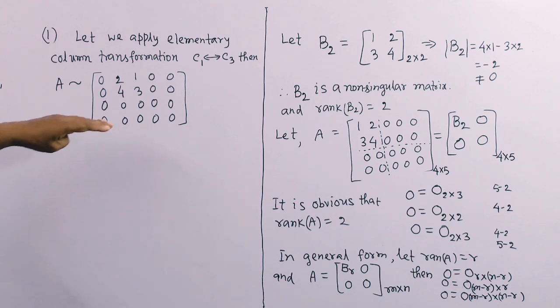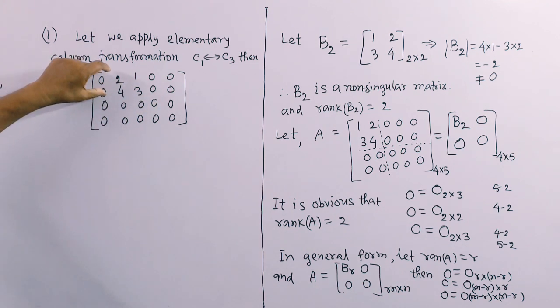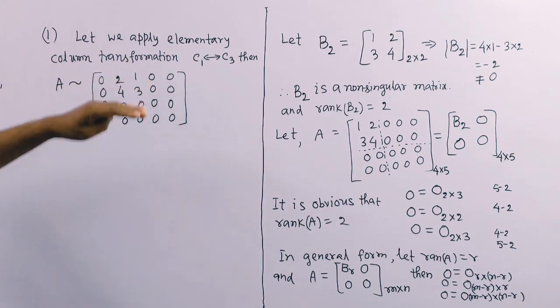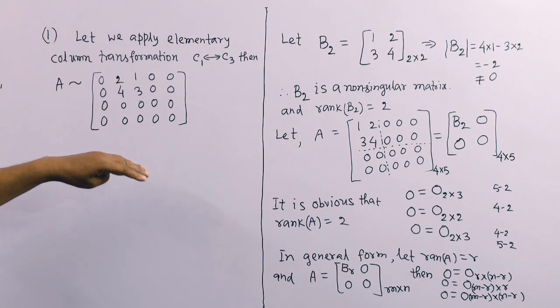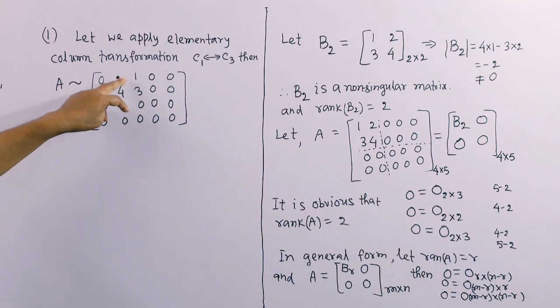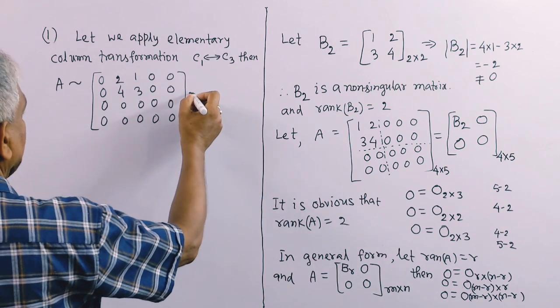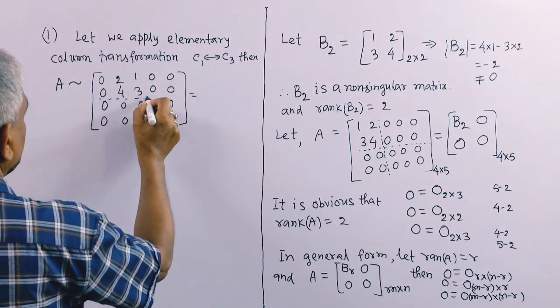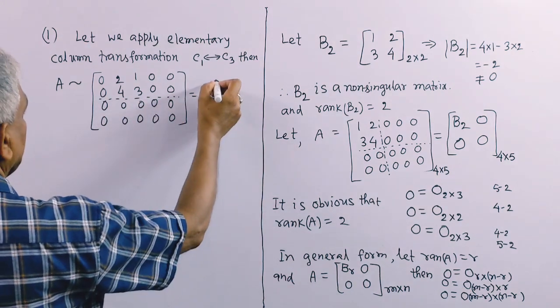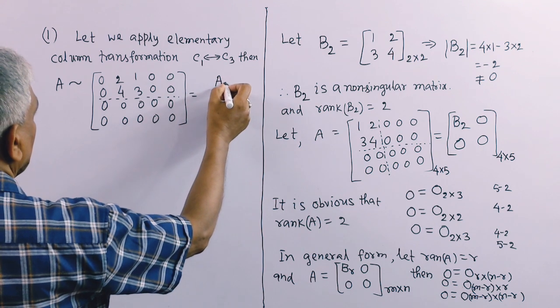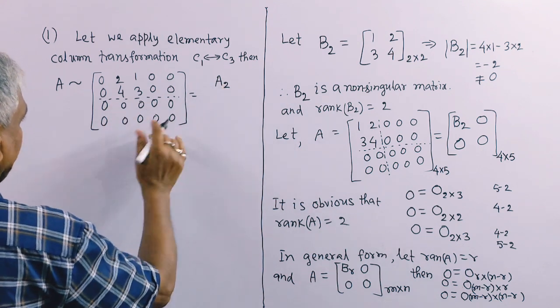Here we see that the first two rows are non-zero rows, meaning we get non-zero elements in these rows. So this matrix may be written as A2, 0 matrix.